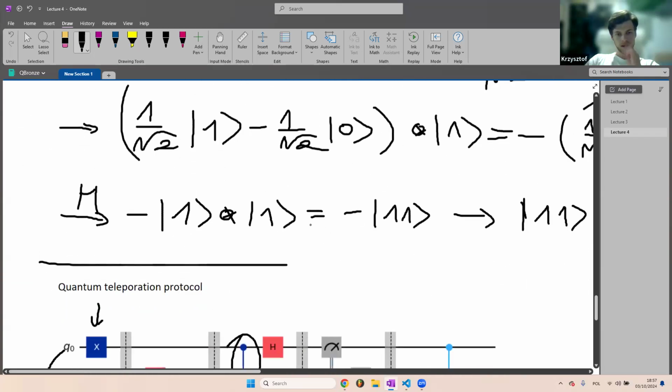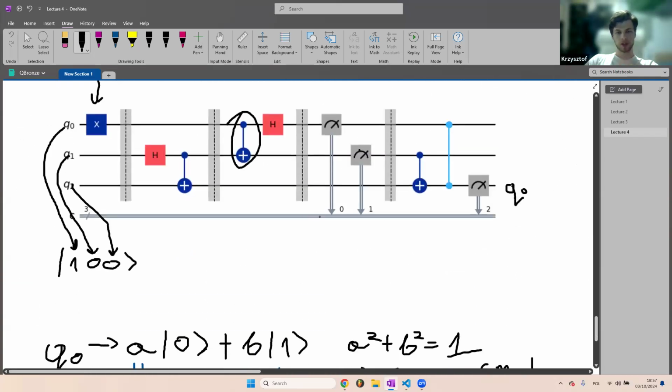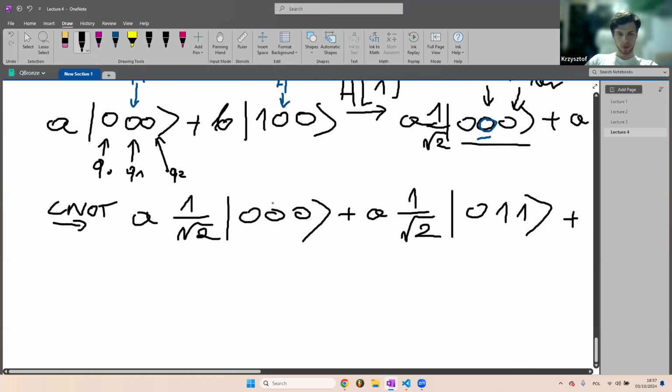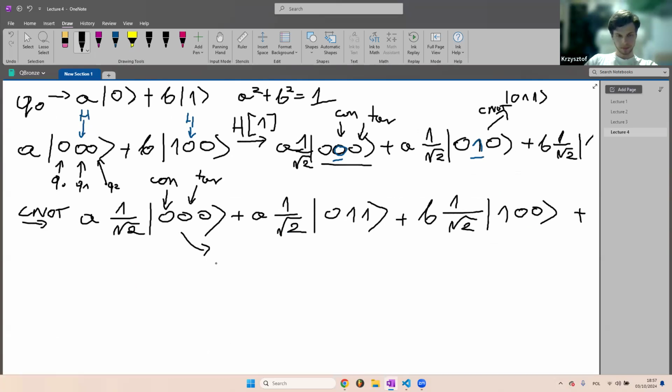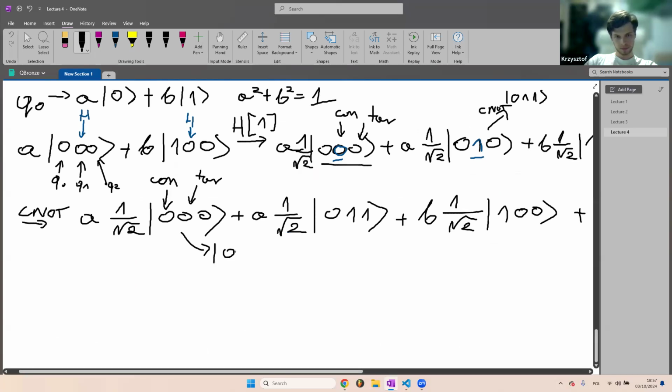So now let's apply the second control NOT. Now the 0th qubit is the control, and the first qubit is the target. So after applying the C naught, this state will stay the same, 0, 0, 0. This will also stay the same.